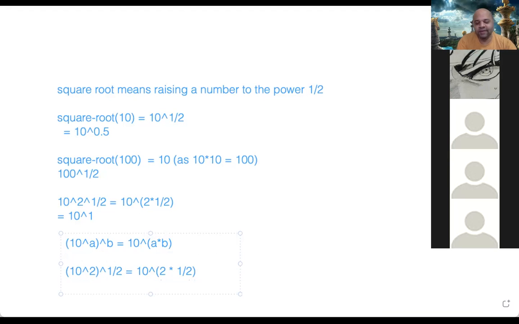So 10 raised to 1. This is the actual law, another law of logarithms: 10 raised to some number, raised to some other number, is the same as 10 raised to the product. When you raise a power to another power, the two powers just multiply, a into b. This is the fundamental law.